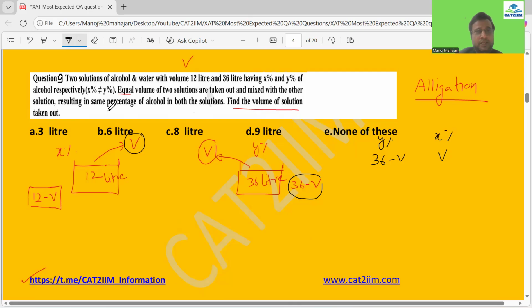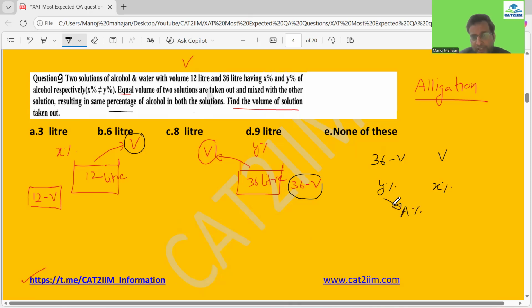The resulting percentage of alcohol, which we are not aware of, let's say the average is A%. So Y% and X%, and the average is A%.